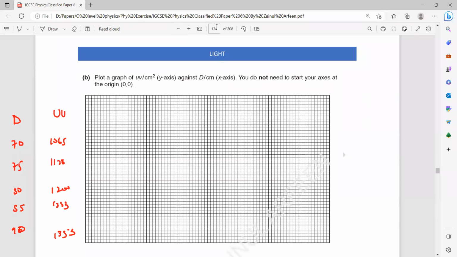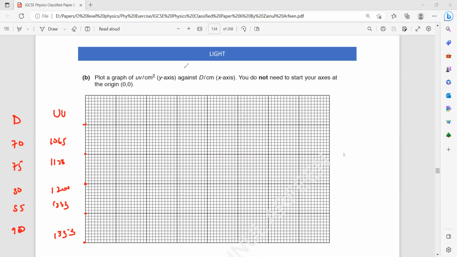What is the maximum value of u into v? The maximum value is 1353. And the minimum value is 1065. So I can start at 1000, then 1100, 1200, 1300, 1400.